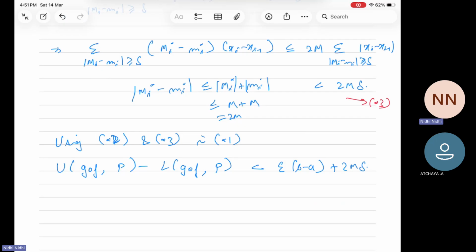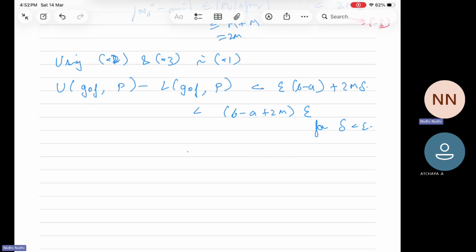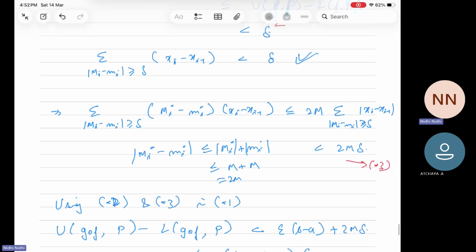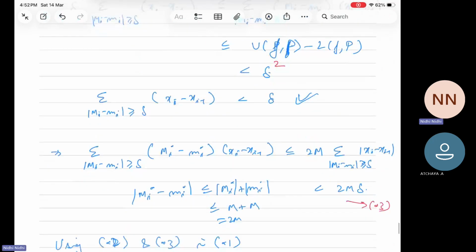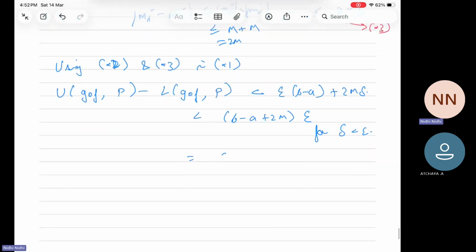So if this delta is taken to be smaller than epsilon, this turns out to be less than epsilon times (b minus a) plus 2M times epsilon, for delta less than epsilon. And we had taken this epsilon to be equal to epsilon prime times (b minus a), I told you in the starting itself. Oh, this is plus, this is minus. So this will be equal to epsilon prime.